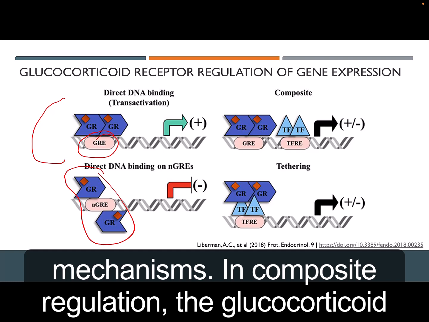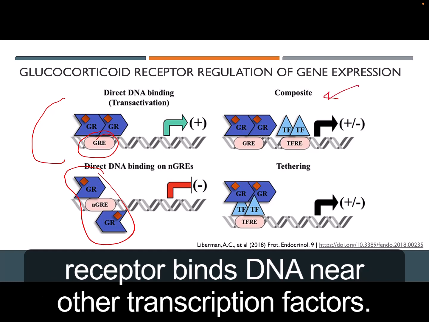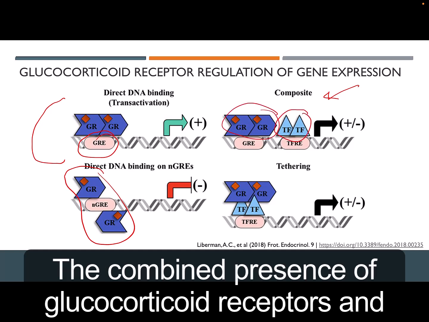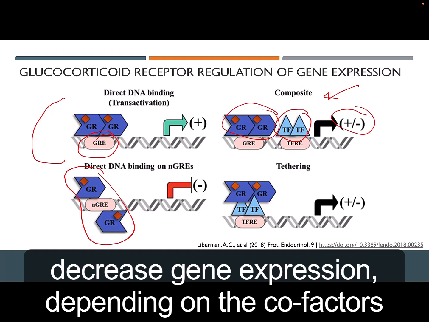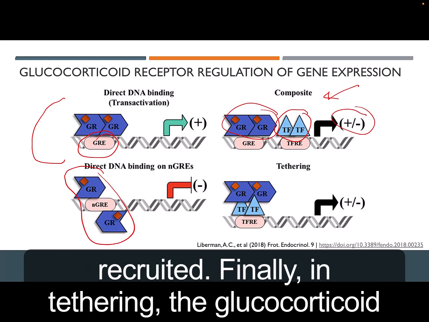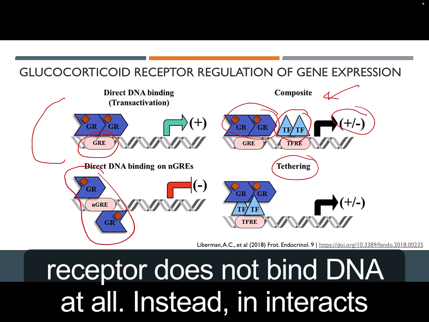In composite regulation, the glucocorticoid receptor binds DNA near other transcription factors. The combined presence of glucocorticoid receptors and those transcription factors can either increase or decrease gene expression, depending on the cofactors recruited. Finally, in tethering, the glucocorticoid receptor does not bind DNA at all.